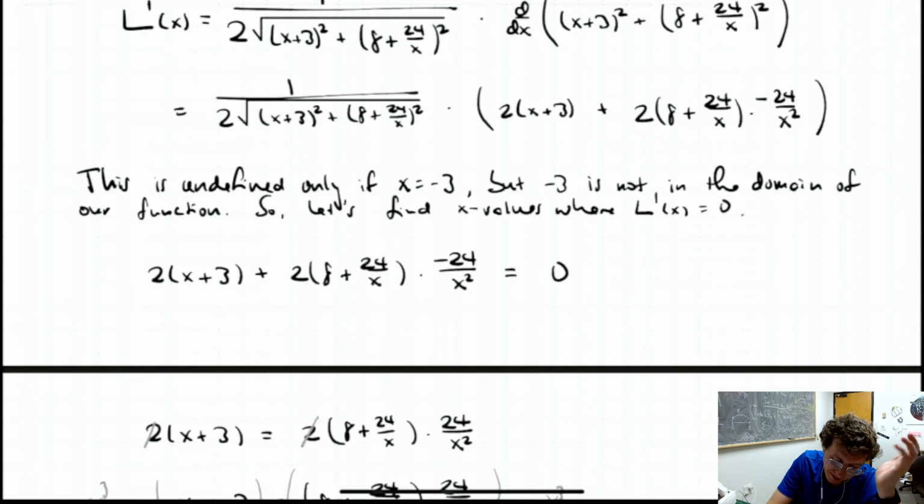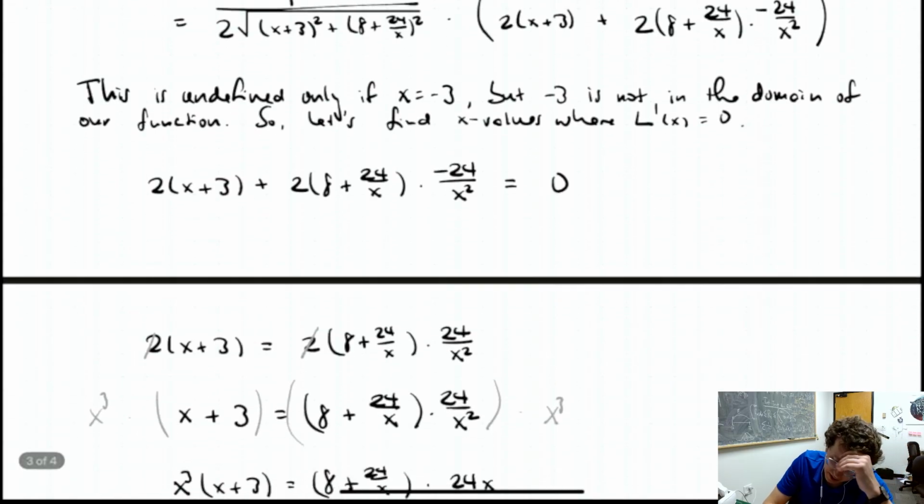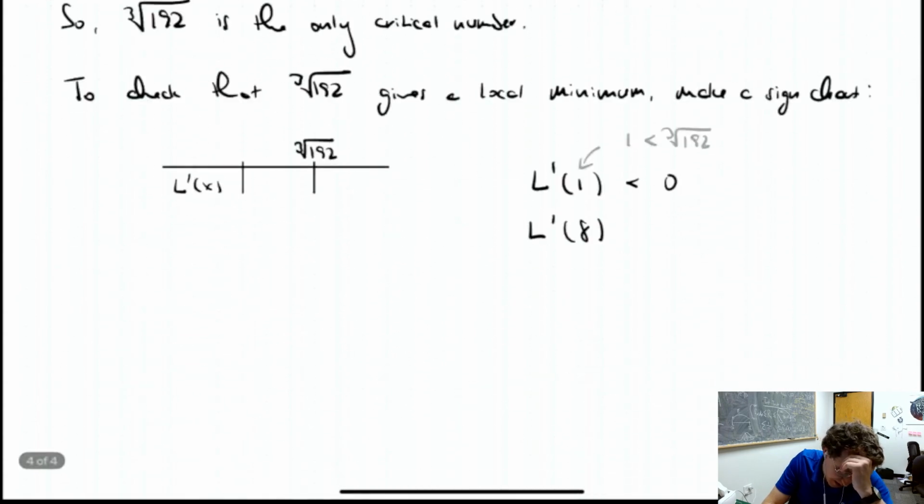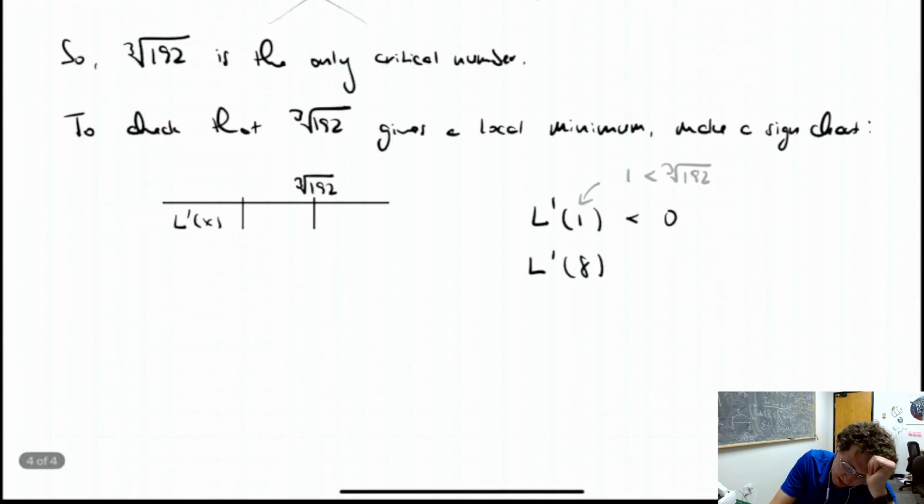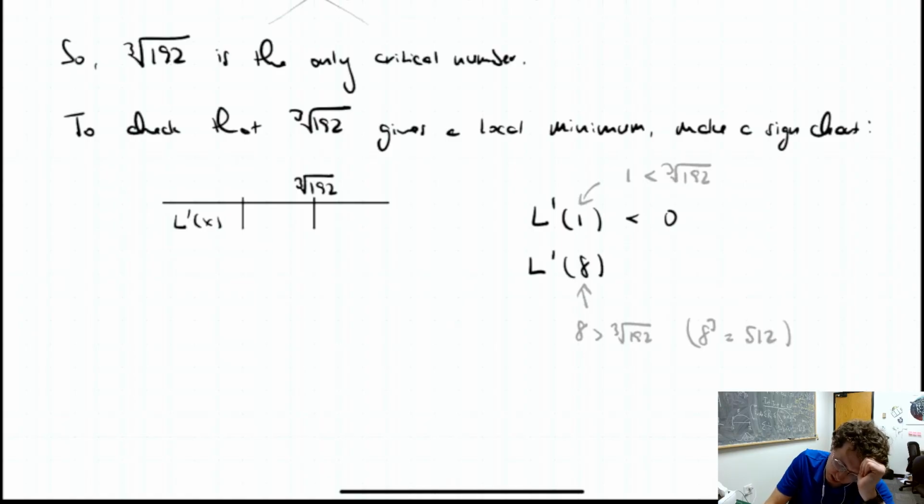You could plug in things that don't divide 24 evenly, but this is going to be easier for me to do in my head if I pick a number that divides 24. And 8 is definitely bigger than the cube root of 192, and I know that because I'm a bit of a nerd, so I've memorized the perfect cubes of some number of integers, and I know that 8 cubed is 512, which is bigger than 192.